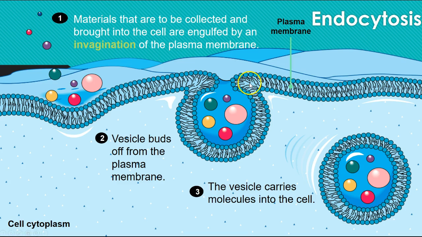Firstly, the materials are brought to the edge of the cell, usually up against the cell membrane, and a vesicle forms around those substances, and then that vesicle buds off from the cell membrane and carries the molecules into the cell, and then they're unpackaged in the cell and distributed to where they need to go.